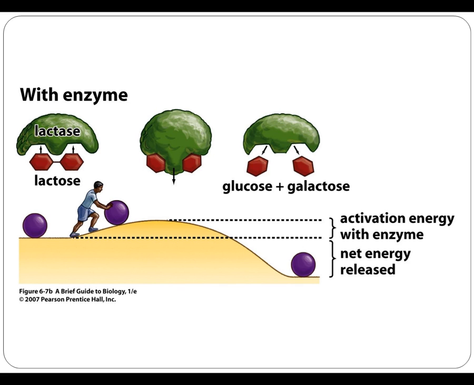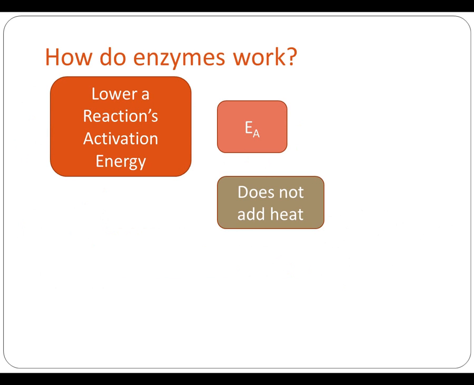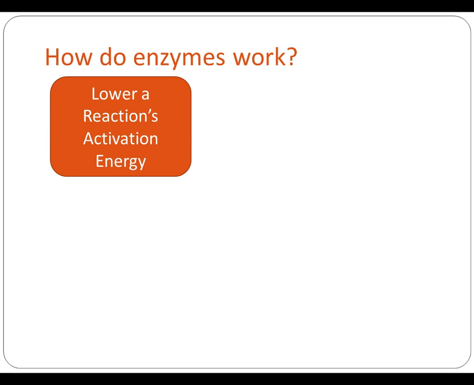The proper term for that is called activation energy. So let's go back a page. What enzymes do is lower a particular reaction's activation energy, that amount of energy necessary to carry forward a particular reaction. So I make a note, right? Makes the hill shorter.